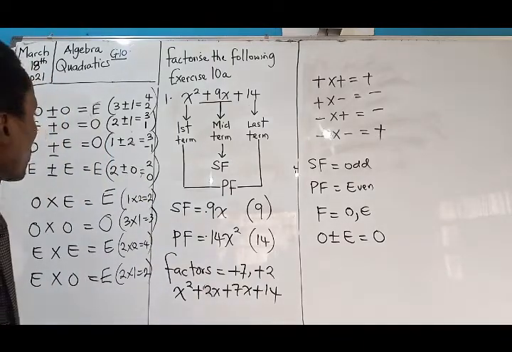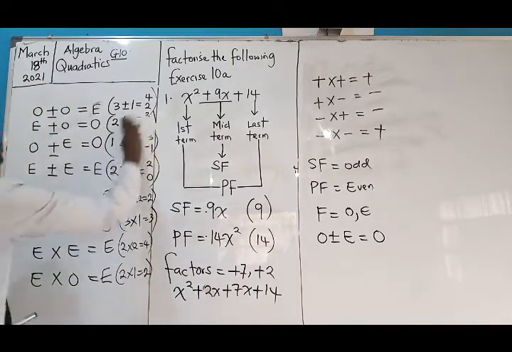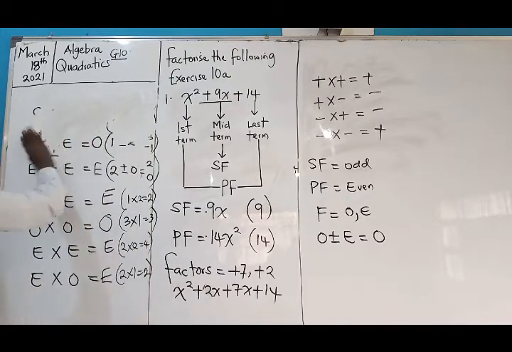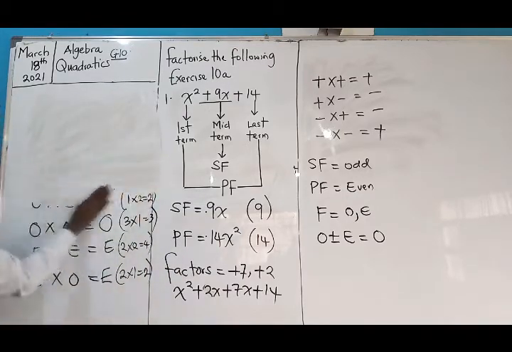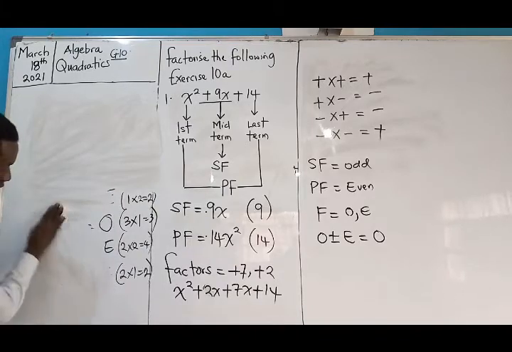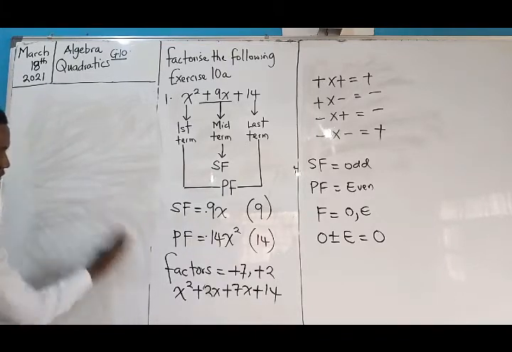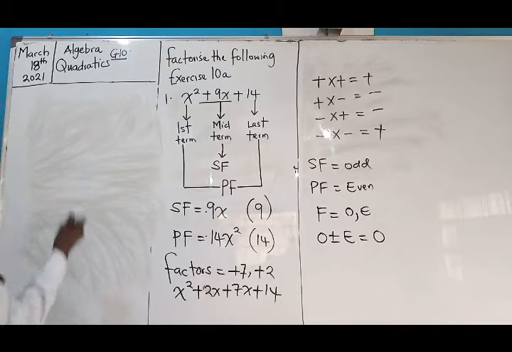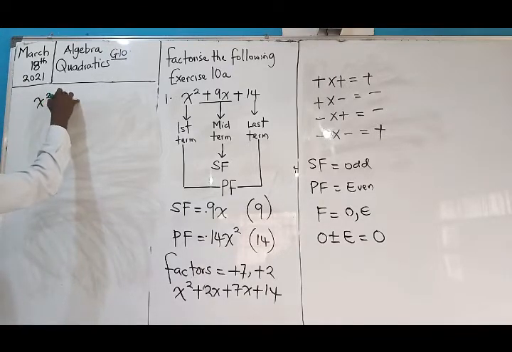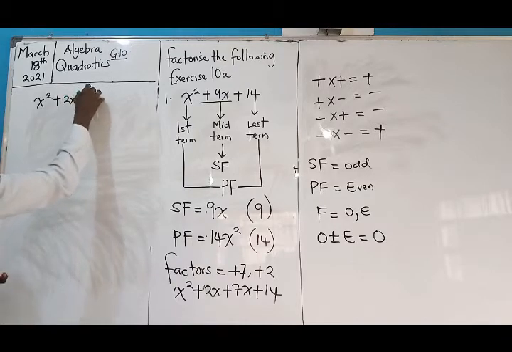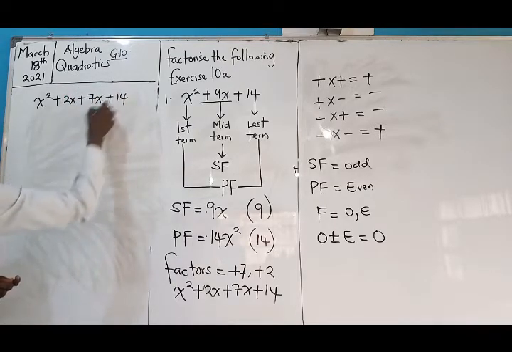And with that, we will proceed to now have x squared, I'll just rewrite that, plus 2x plus 7x plus 14.